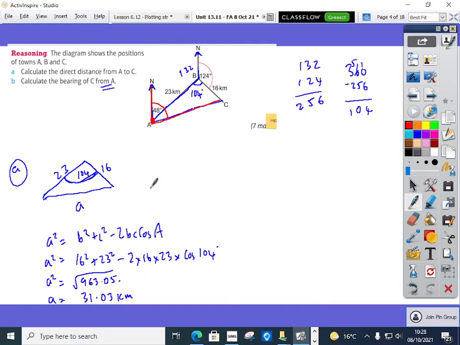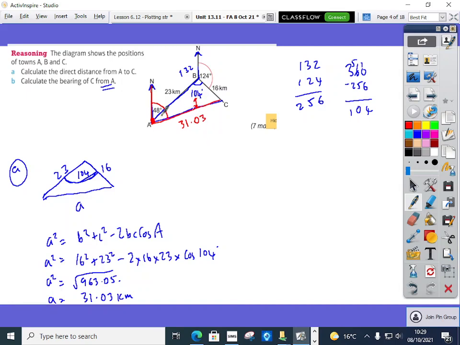Now, because I've worked this one out, 31.03, I've got a pair, because I need to find this angle here so I can add 48 to it to give me the bearing of C from A. So this is looking like sine rule straight away to me.